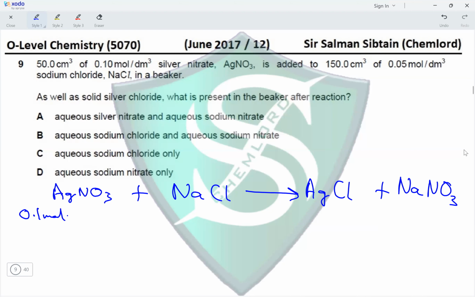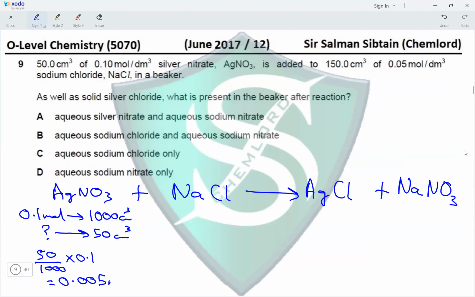So now the concentration and the volume. 0.1 moles are present in 1000 cm cube. So how many moles would be present in 50 cm cube? So this would become 50 upon 1000 into 0.1, giving us a value of 0.005 moles of silver nitrate.